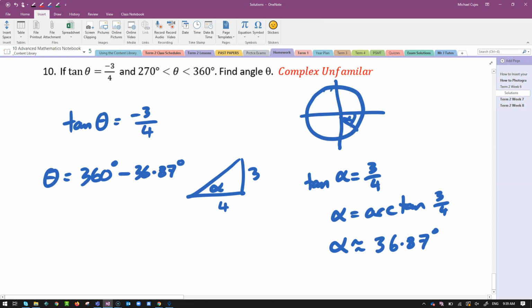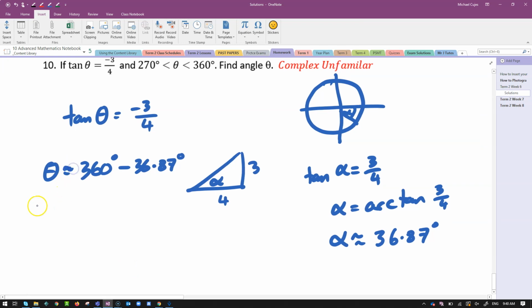You know how you've generally been using reference angles of 30, 60, or 45? This has a reference angle that's just not one you know from your exact triangle. What you need to do then is say, well, my reference angle that I found from my calculator is 36.87. I need to now find out what is the equivalent angle in the quadrant.